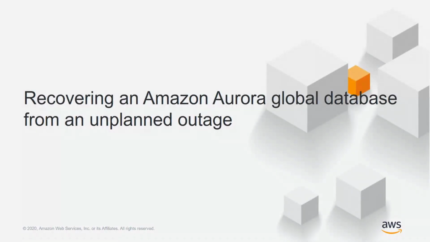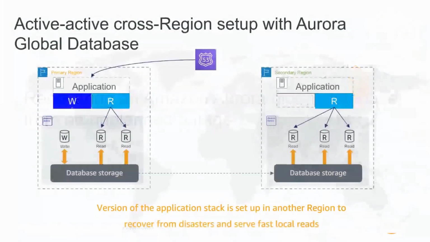So let's take a quick look at how global database helps customers with an unplanned outage. As I mentioned earlier, it is very important to design disaster recovery with every component of your application stack.